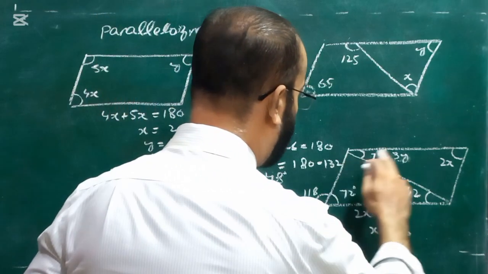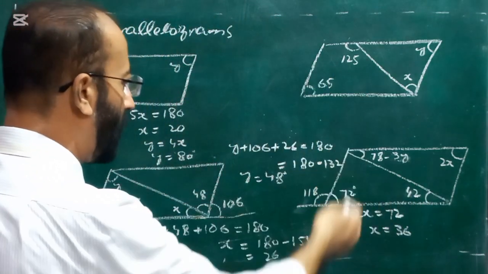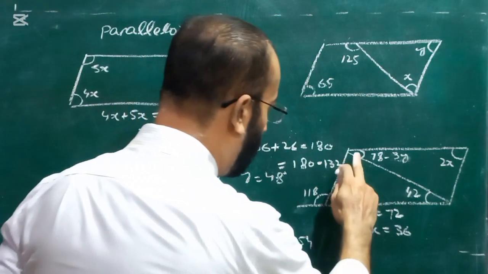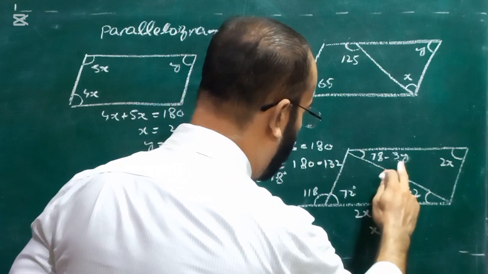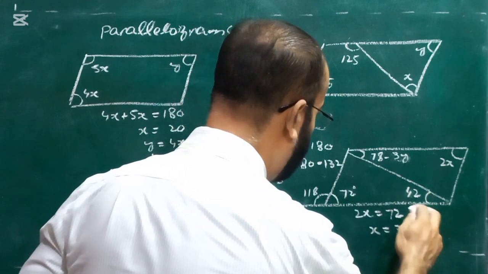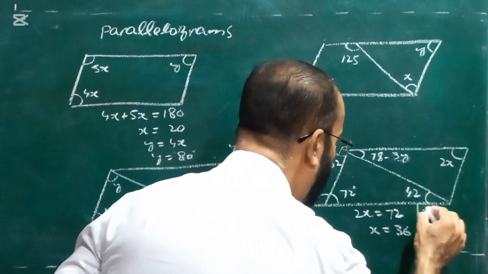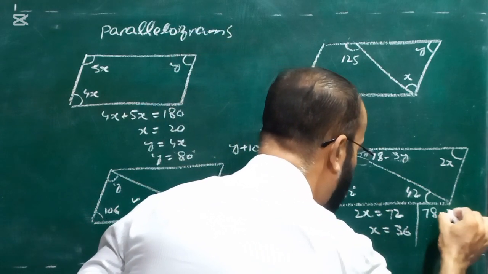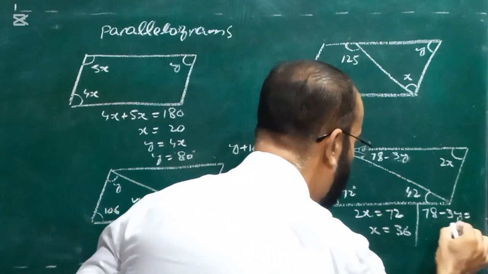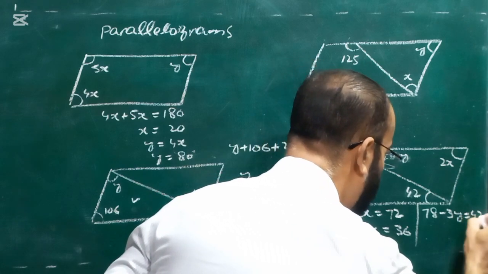And because all figures are parallelograms, this angle 78 minus 3y should be equal to 42, because of the alternate angles. So 78 minus 3y should be equal to 42.